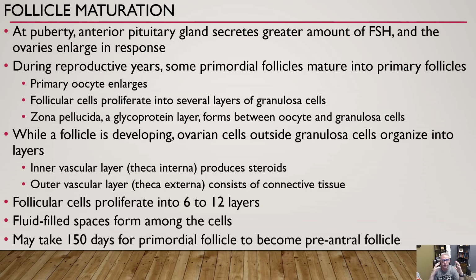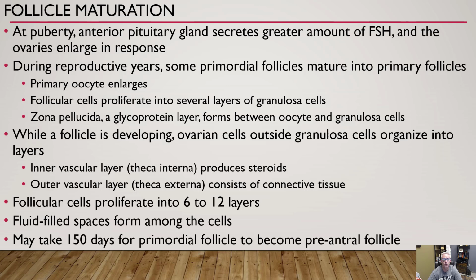And if you haven't hit menopause yet, during reproductive years, those primordial follicles are going to now develop into primary follicles. Remember, there's 300 to 400, and you're not going to mature all 300 to 400 eggs at once. You're going to mature 1, 2, 3 eggs at a time.